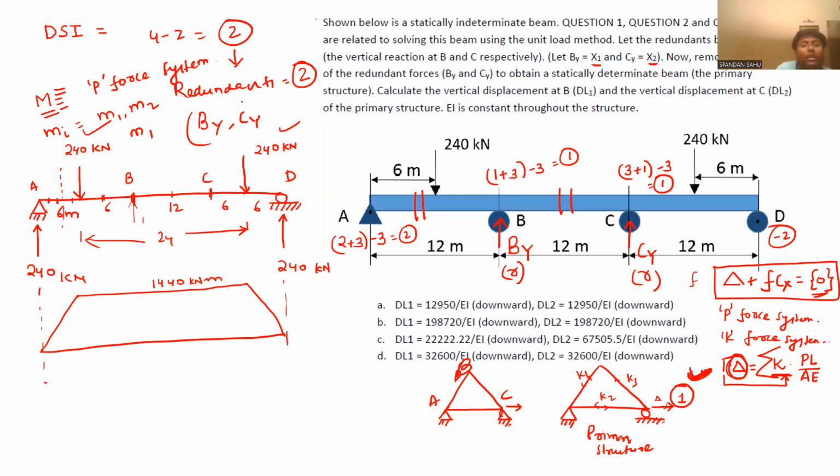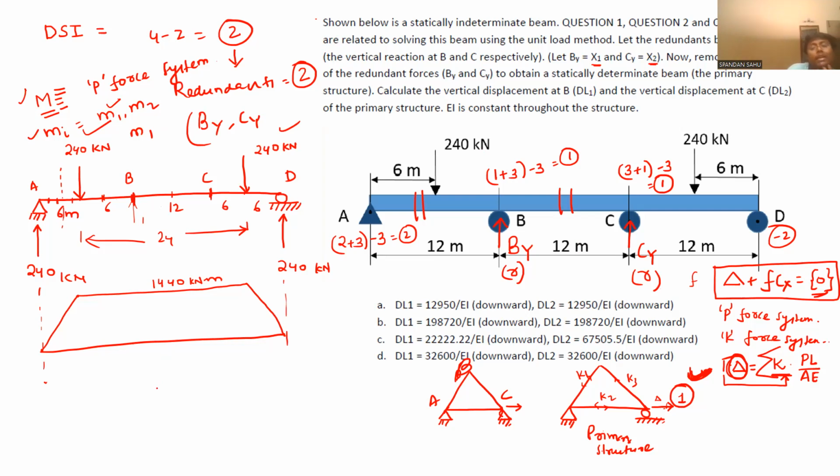Once this is done, this m is also the bending moment representative due to unit load at the point where you have removed your redundant. When you apply unit load there, removing all the external loads, how does your bending moment vary? So you got capital M, you got small m.